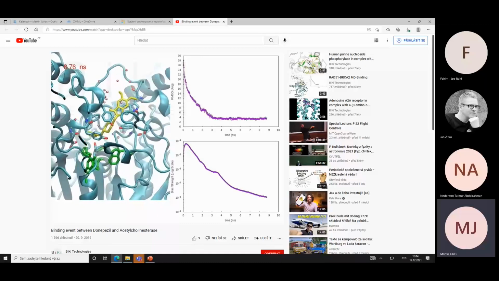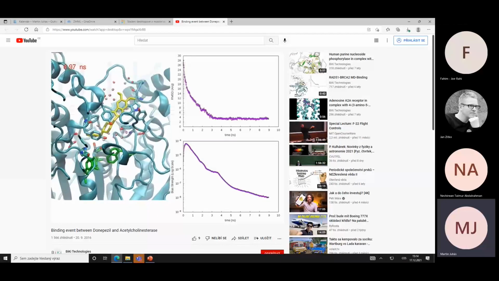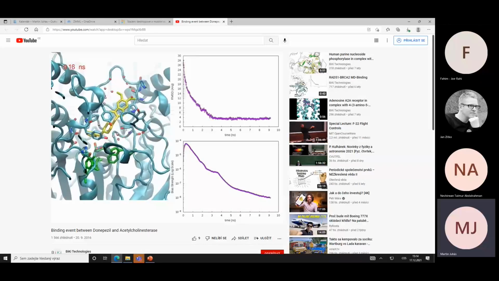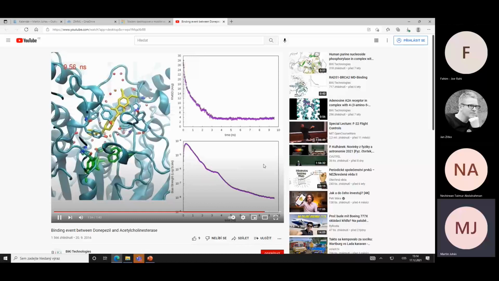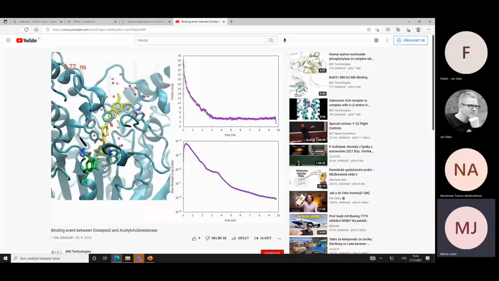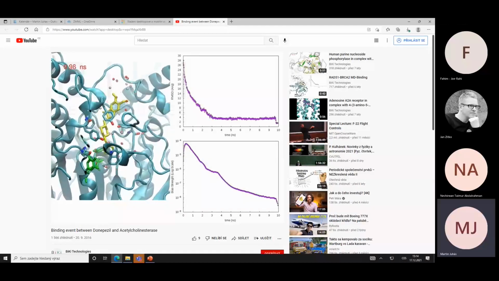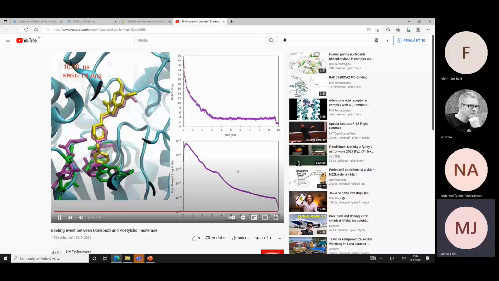So still nothing happens. It's about 9 nanoseconds so far. And now it changed, and now it achieved the conformation that is known.